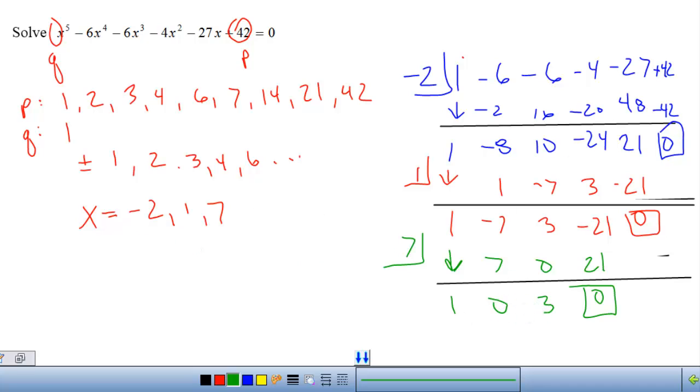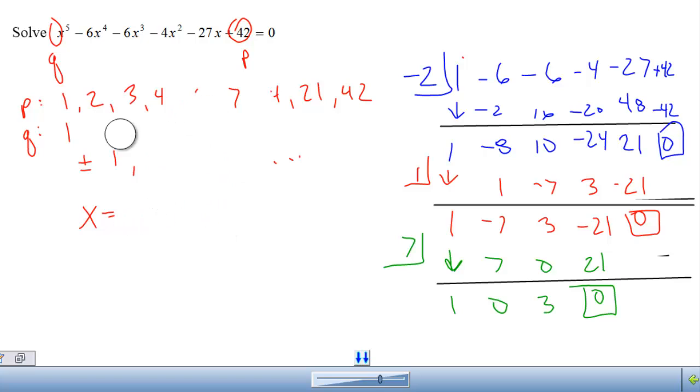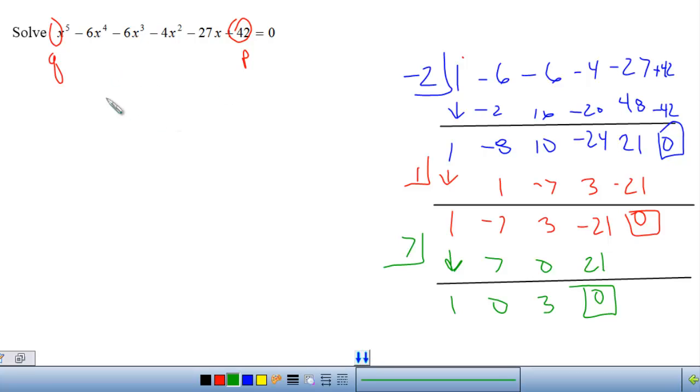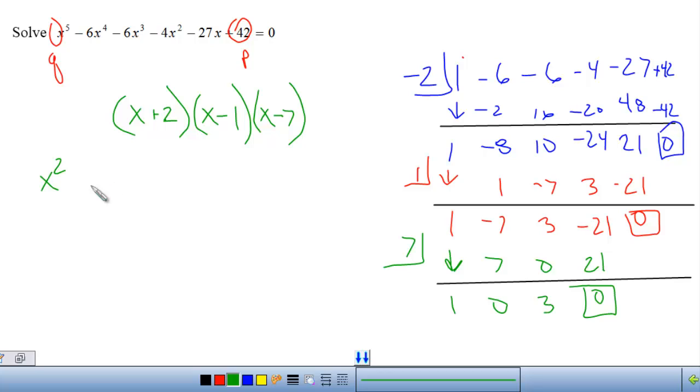So I'm going to go ahead and bring that back over here. Clean this up a little bit. So I know this has factors of, and then 2 more because it's a 5th degree. So now I'm going to take this final quadratic. I have 1x squared plus 0x plus 3.